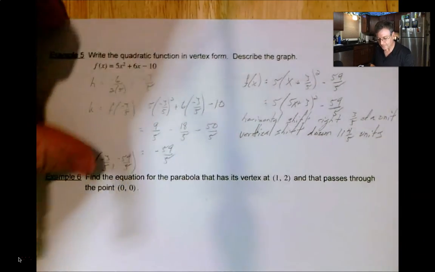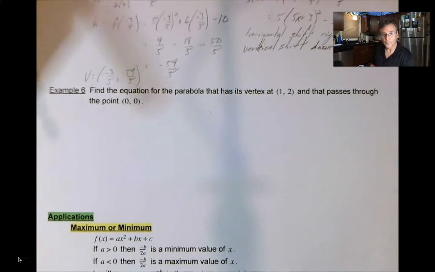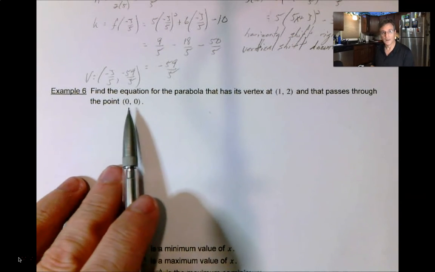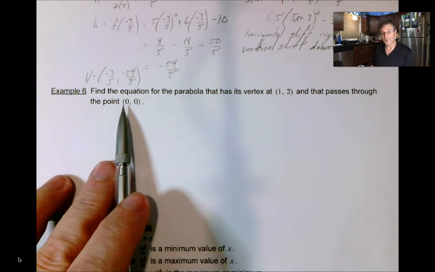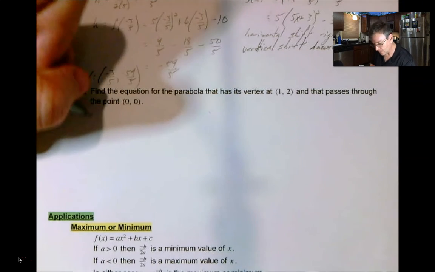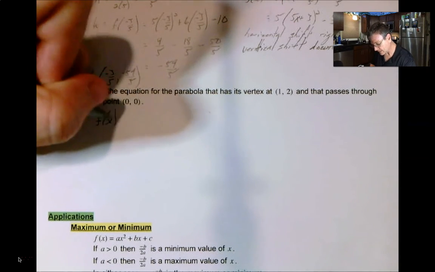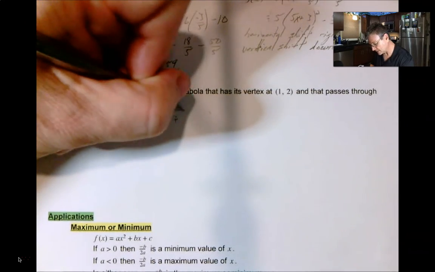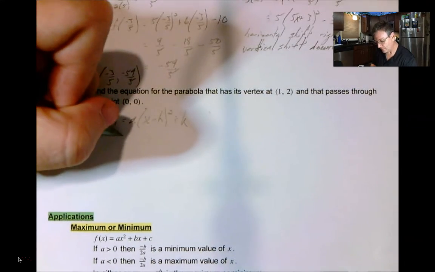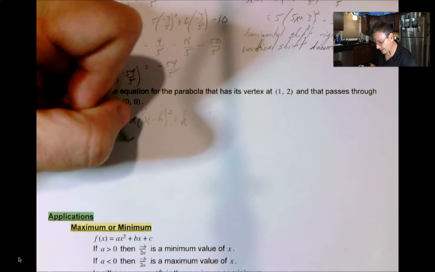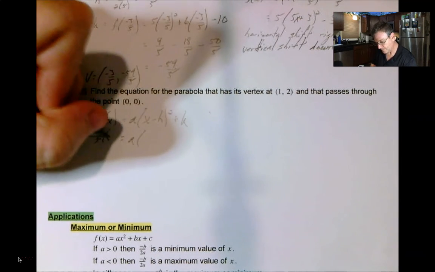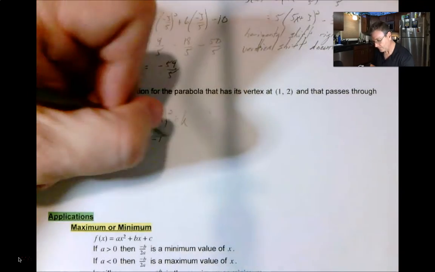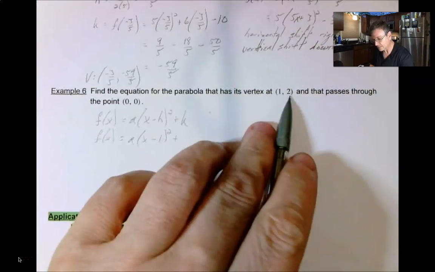Okay, example 6, find the equation for the parabola that has a vertex of 1, 2 and passes through the point 0, 0. We need to know this in order to figure out our a value. So f of x equals a times x minus h squared plus k. F of x equals a times x minus 1 squared plus 2.